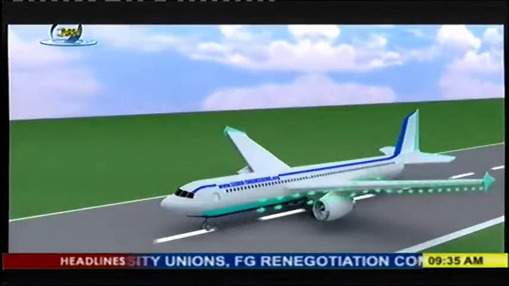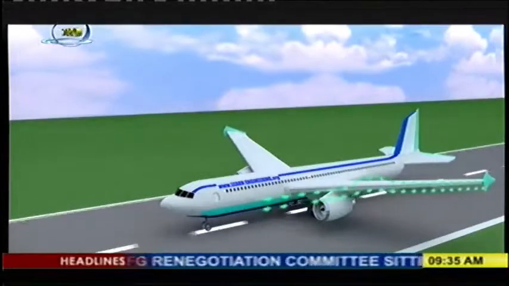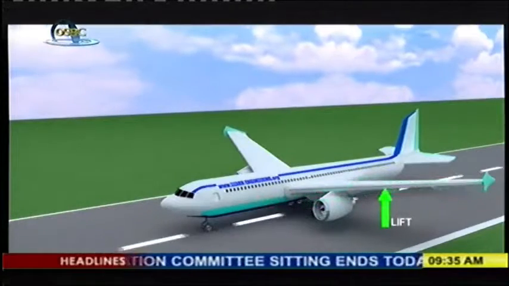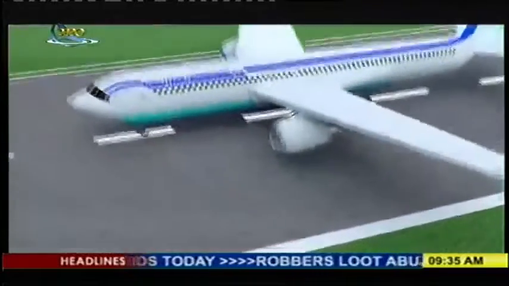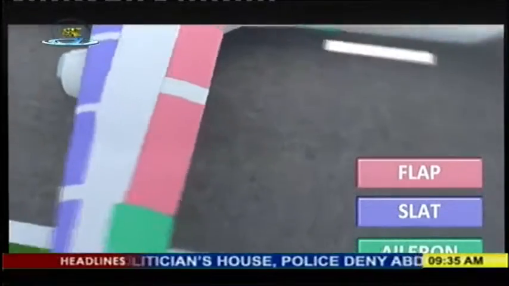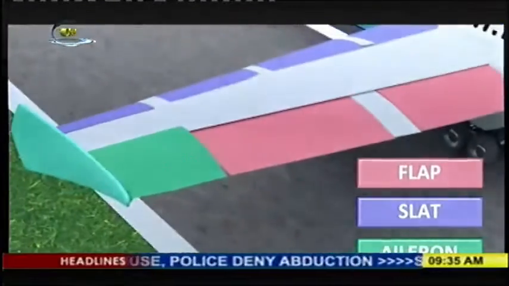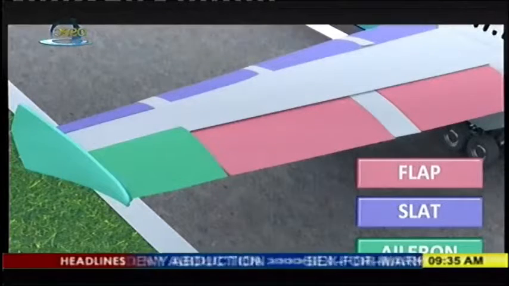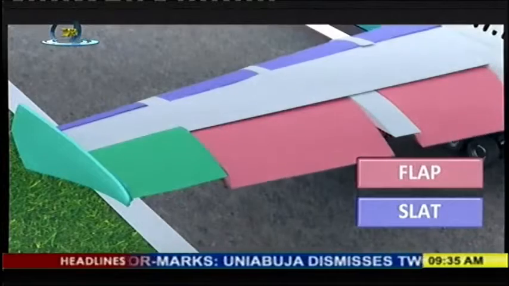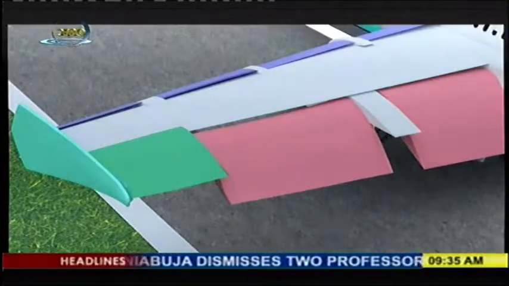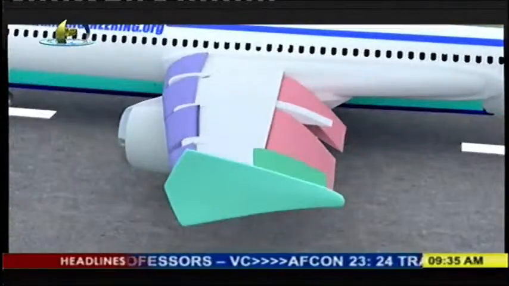When the airplane moves forward, the relatively flowing air over the wings produces a lift force on the wings. Let's take a close look at the wing. You can note that the wing of a modern airplane is a collection of different parts. During takeoff, the flap and slat are extended downwards as shown. This increases the wing area and curvature of the airfoil.